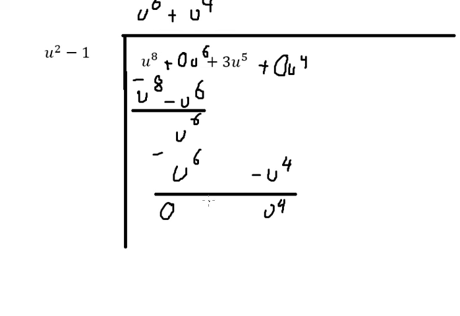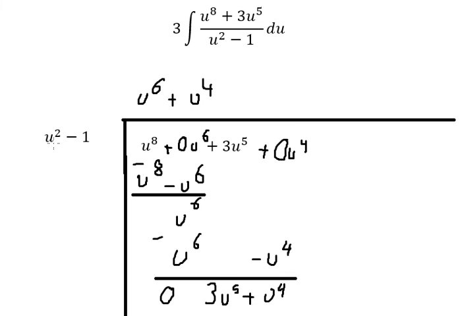Now we put 3u to the power of 5 in here. So this is positive number 3u to the power of 5. This is u squared, so we need to have 3u to the power of 3. So this one multiplied by u squared, and this one multiplied by negative number 1.